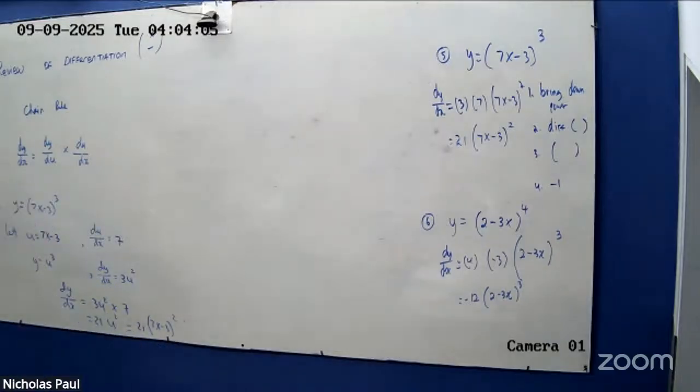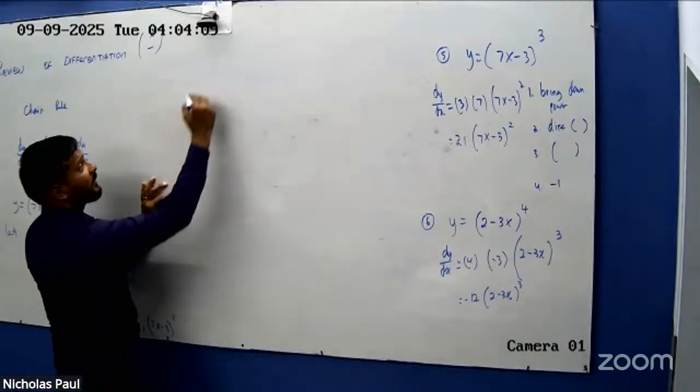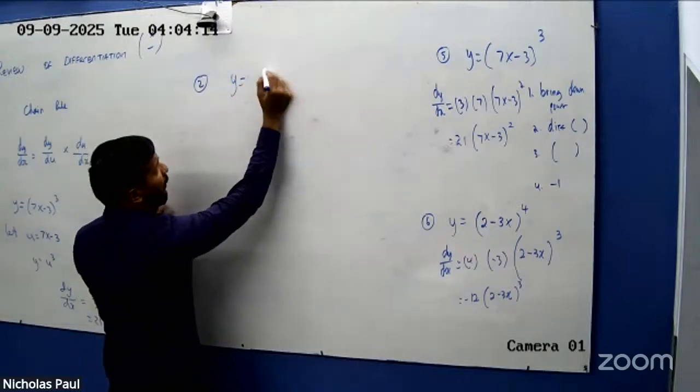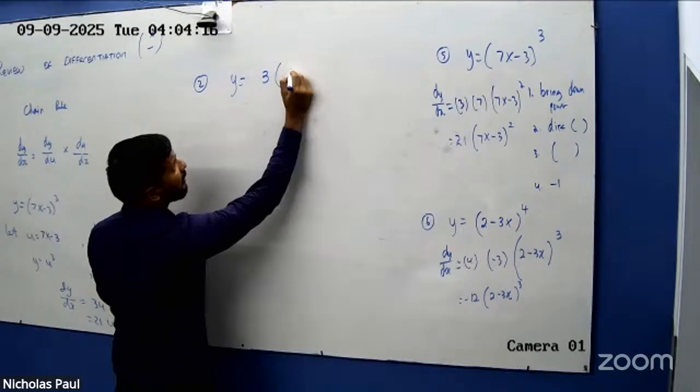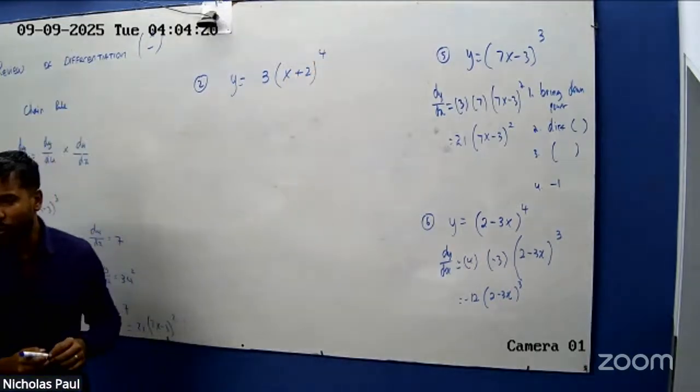Try this here using chain rule. Just use chain rule, no shortcut earlier. Use chain rule here. What are you going to let u equal to?